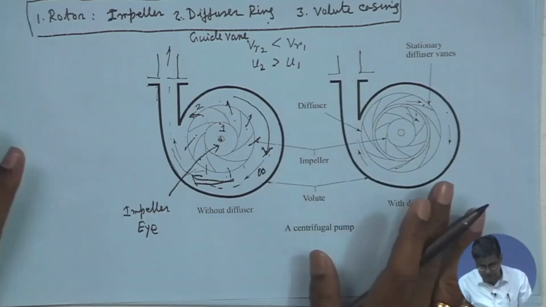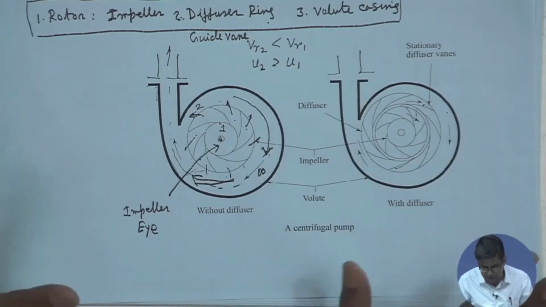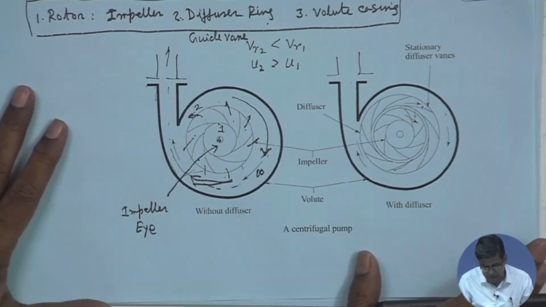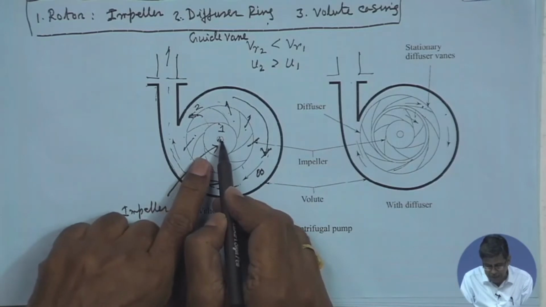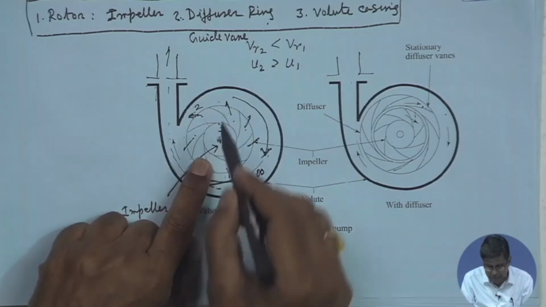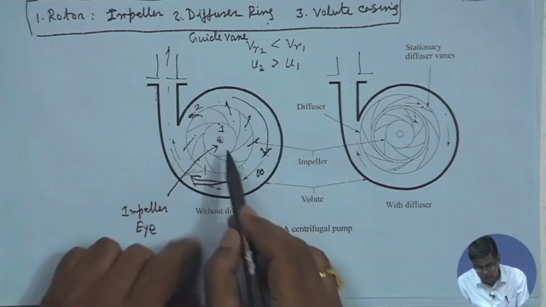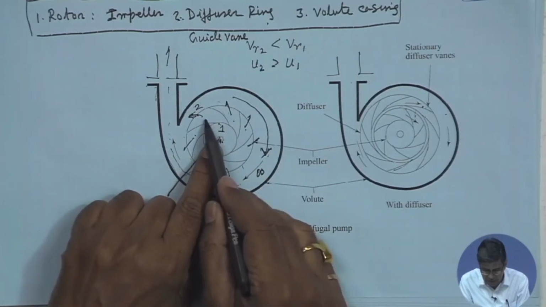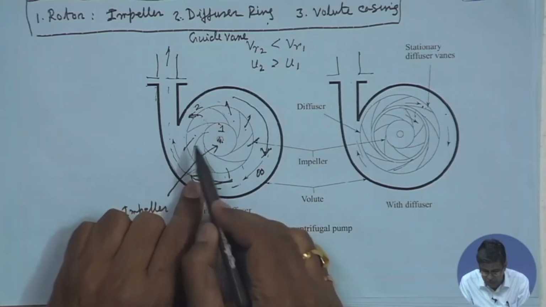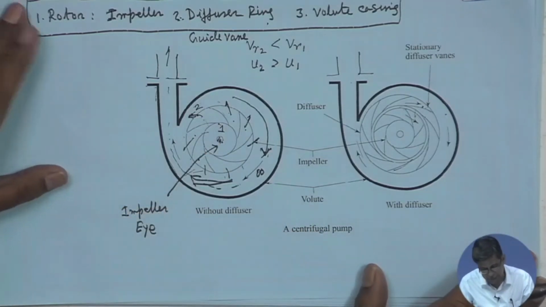So, these are, in brief, the components of a centrifugal pump. The water at the inlet is sucked in the radial direction, perpendicular to this. When it rotates, it sucks and then it turns automatically in this direction and flows through the impeller blade passages.